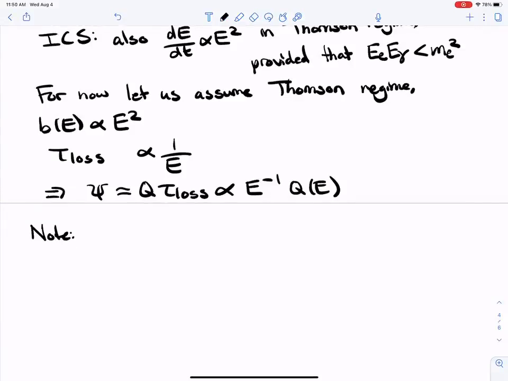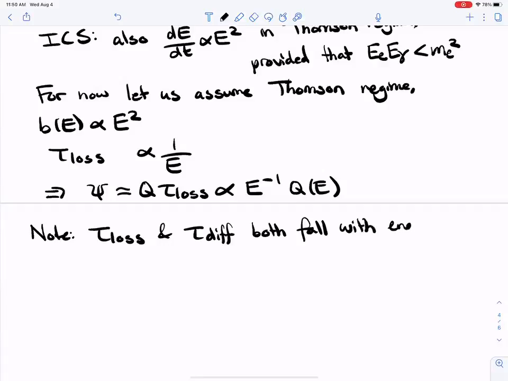So the thing you're going to note here is that tau loss and tau diff both fall with energy, but tau loss falls faster, at least in this case for electrons and positrons. Since the shorter time scale is what dominates, that means that higher energy particles are increasingly going to be in this loss dominated regime or cooling dominated regime.